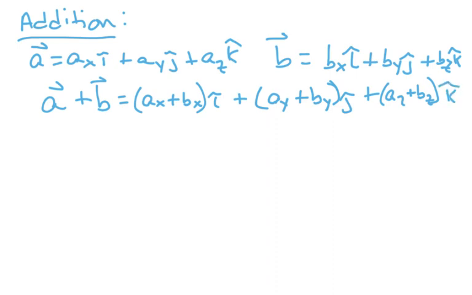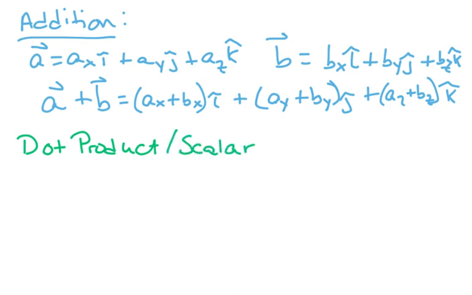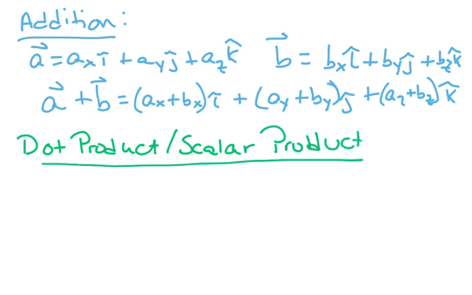It gets a little more difficult when we talk about dot products, and if it's a dot product, it means we have scalar quantities. So sometimes it's called a scalar product. So things like energy is a scalar, speed is a scalar. If you wanted to combine those things, you have to do a dot product.